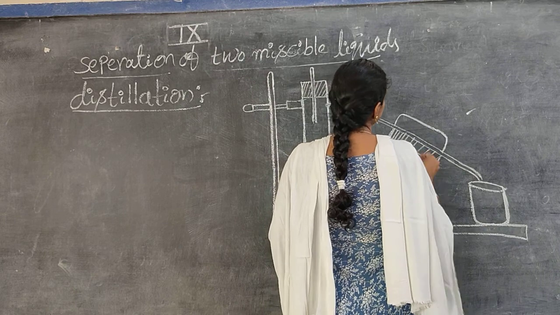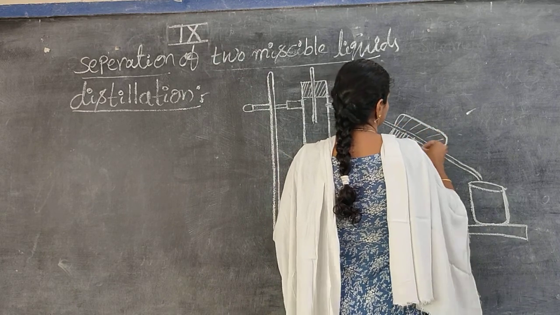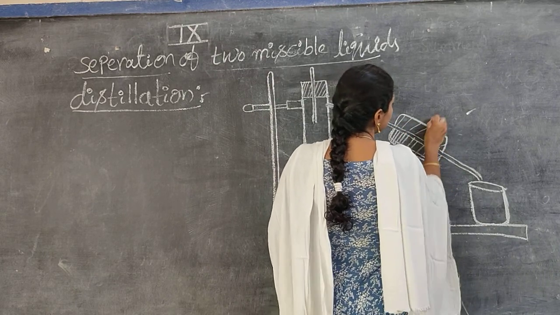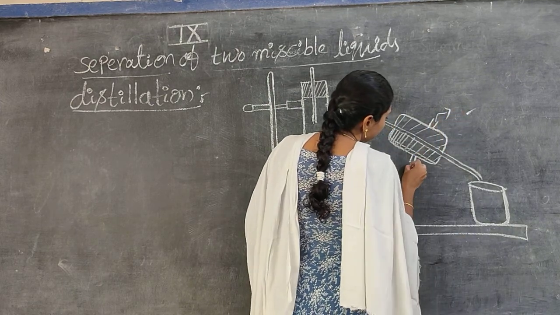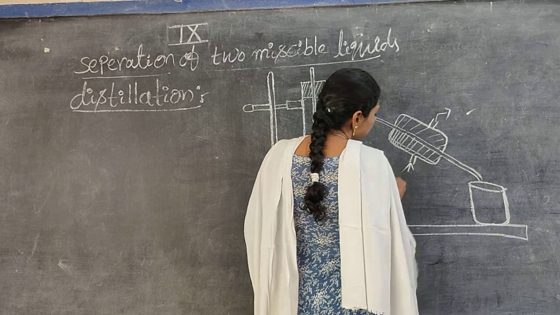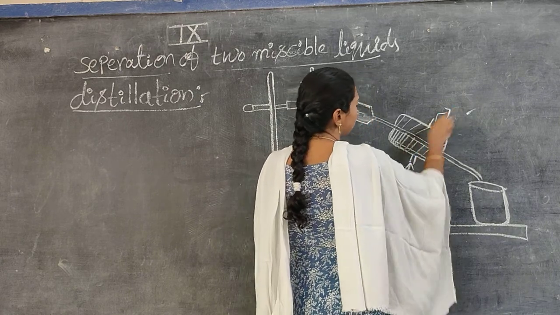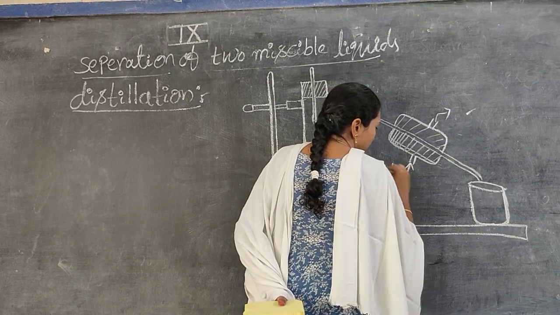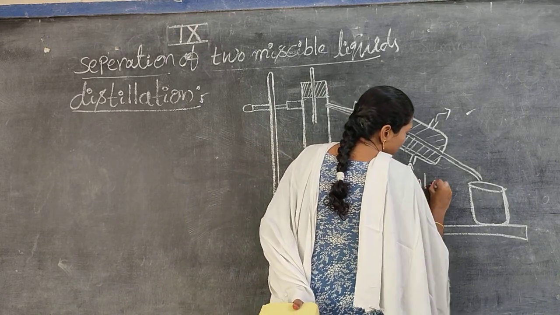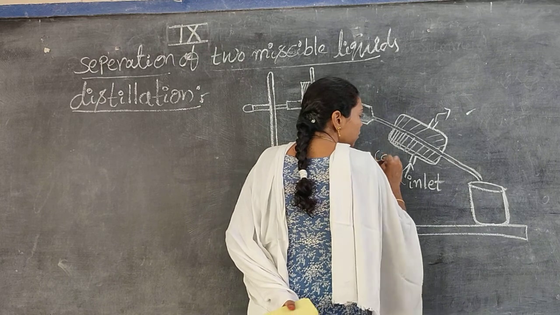This is the condenser. From here two parts are there. This is the water outlet part. Here one more part is there. Here water is the inlet. Water inlet, water outlet. Which water?